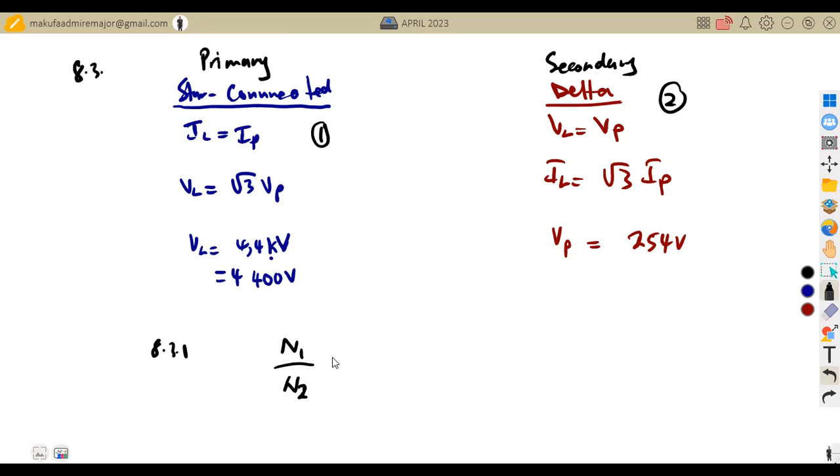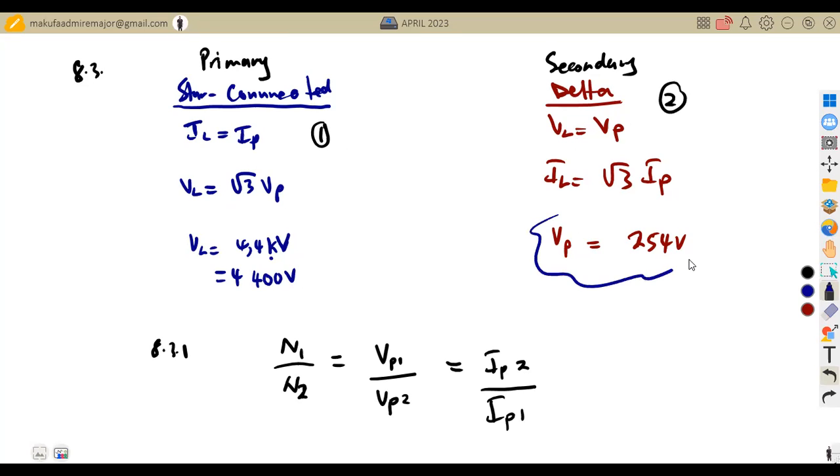So N1 over N2 is equal to the voltage, but this must be the phase voltage of the primary to the phase voltage of the secondary, or the phase current of the secondary to the phase current of the primary. Take note, we are working with the phase. We are not given the number of turns, but we are given the voltages. On the secondary, we already have the phase voltage.